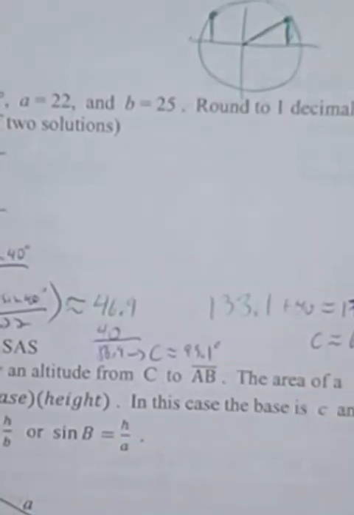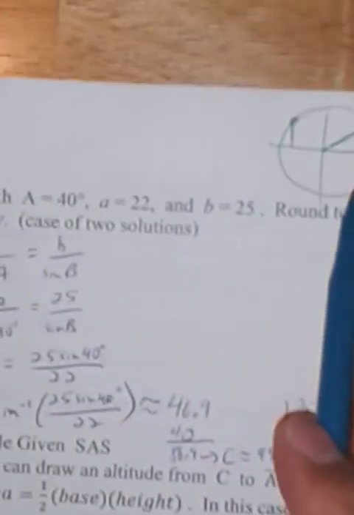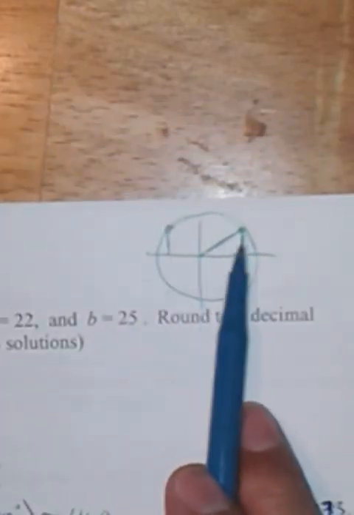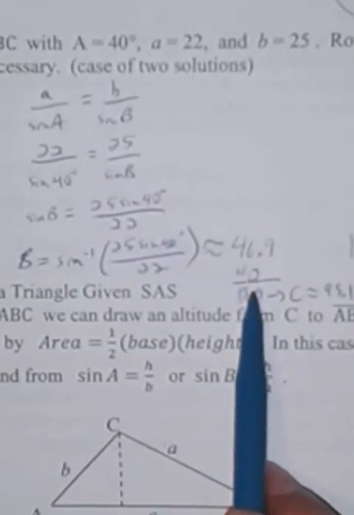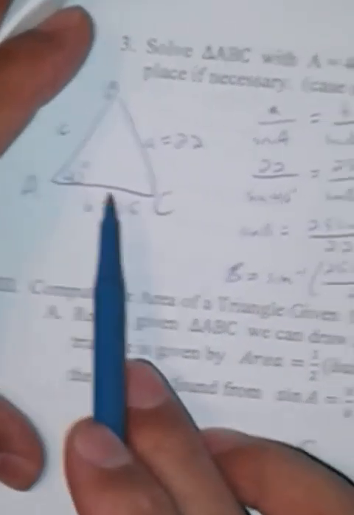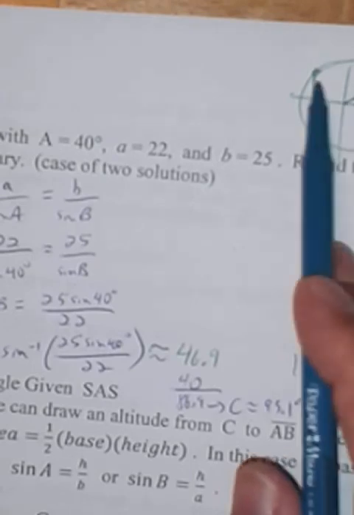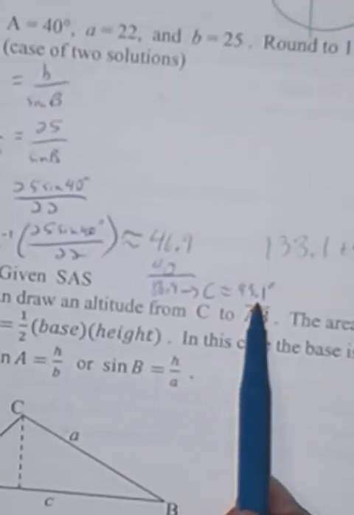So the way you know that there's two solutions is you carry out this, you check to see what two angles are possible, and then you check to see if they are in fact possible by adding the angles that you know at that point, right? Because we knew one, and then we figured out there was a possibility for the second one, and then is there enough degrees left over for the third one?